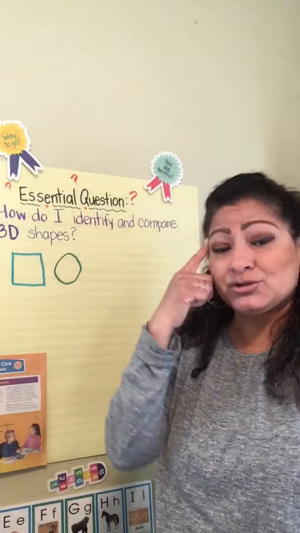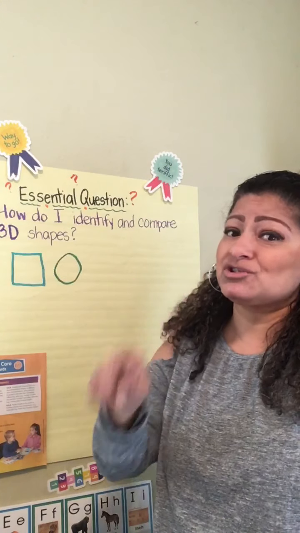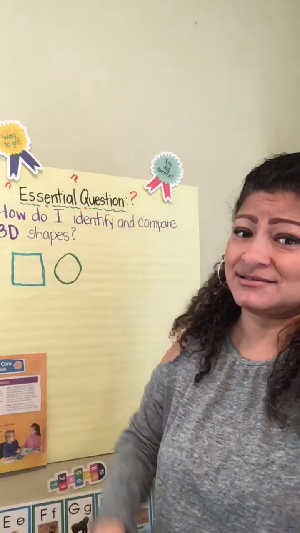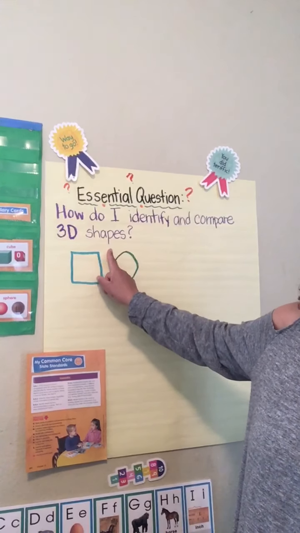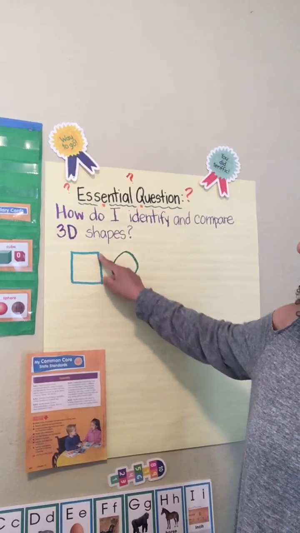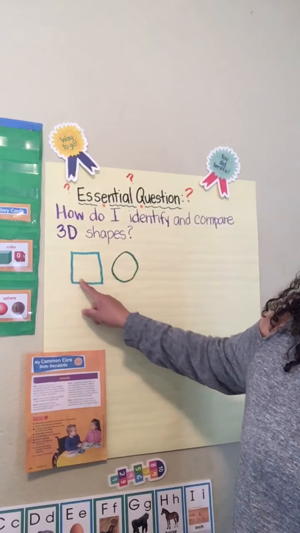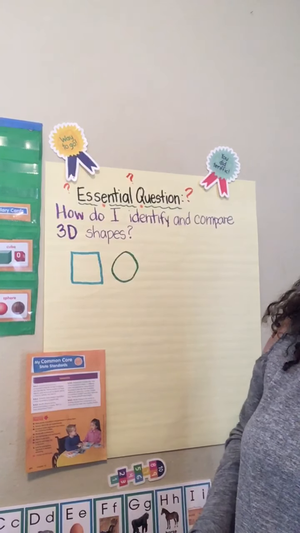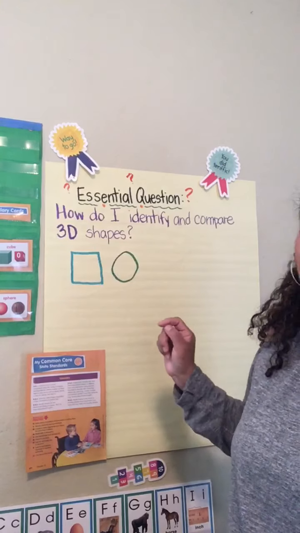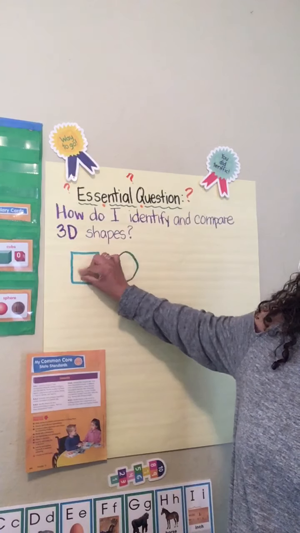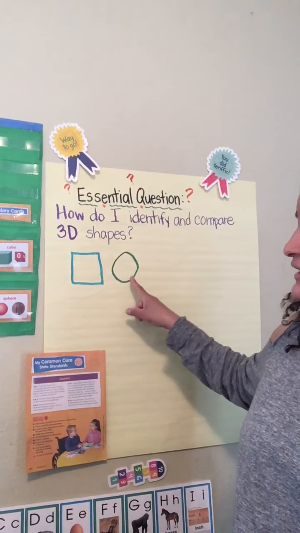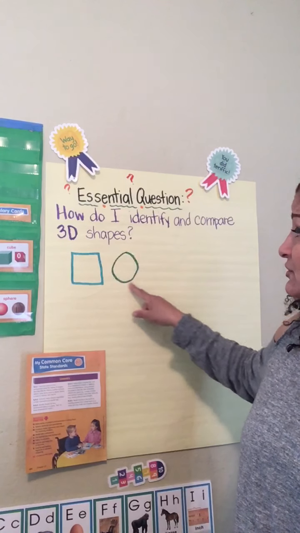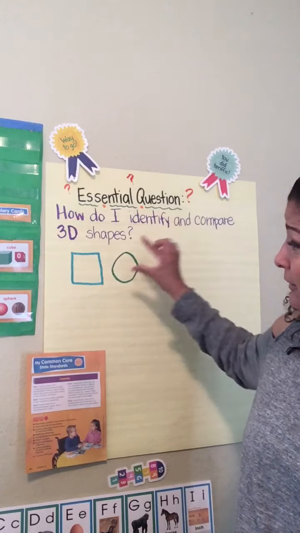The first thing you should know is two-dimensional shapes are flat. So look, I can draw a square. This is my two-dimensional shape, say square. Can I pick it up? Let's see. Uh-oh, I can't. This is a circle. Let's try to pick it up.